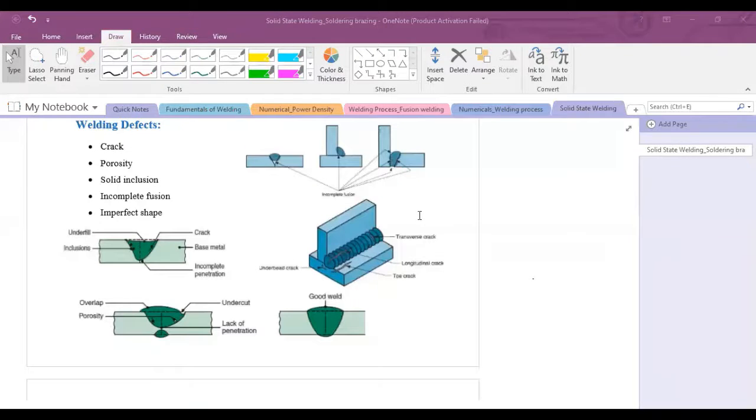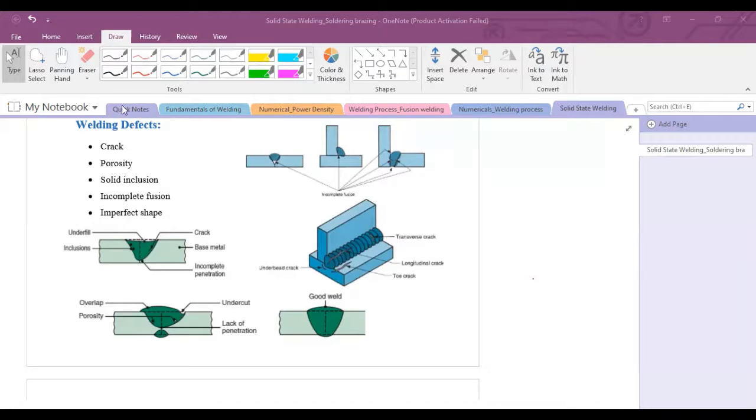I will explain the welding defects, because welding defects are welding discontinuities, and these discontinuities can be caused by insufficient or careless application of proper welding technologies. The defects commonly faced during welding are cracks, porosity, solid inclusion, incomplete fusion, and imperfect shapes.